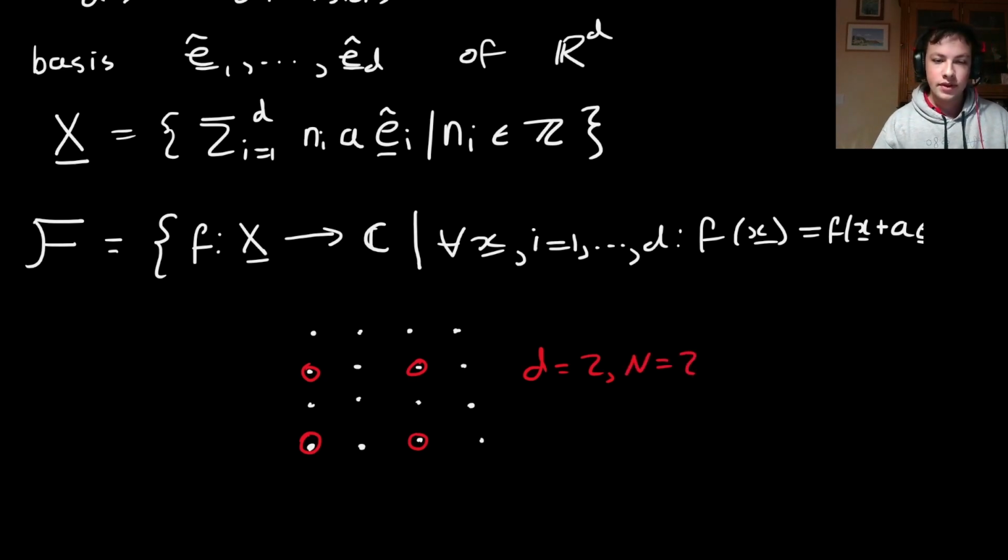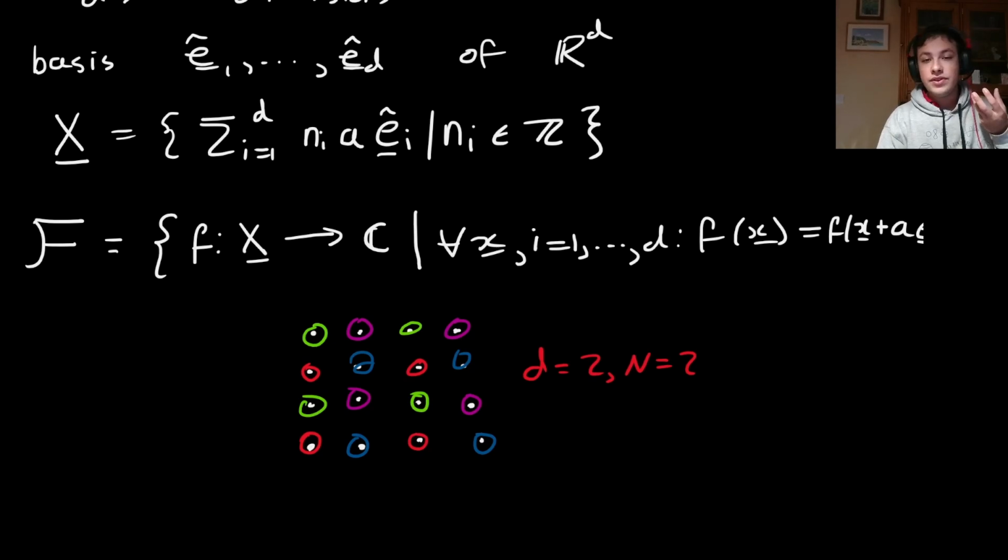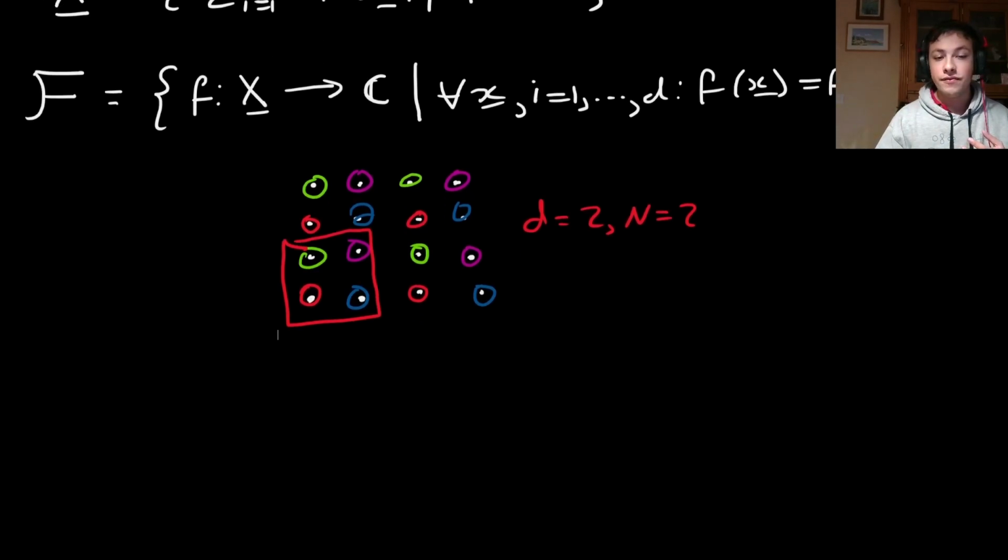Obviously, as you can immediately see, the value at this point is the value here and here and here, and the value at this point is the value here and here and here, and so on, right? Just to finish it off, the value here is the same as the value here and here and here. So we only need to know the values in a small box to know the values everywhere.